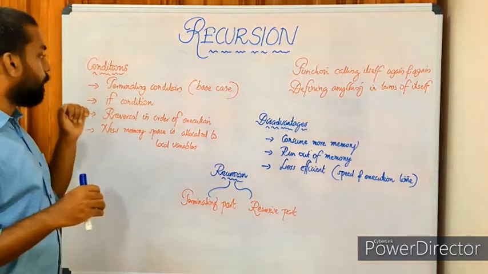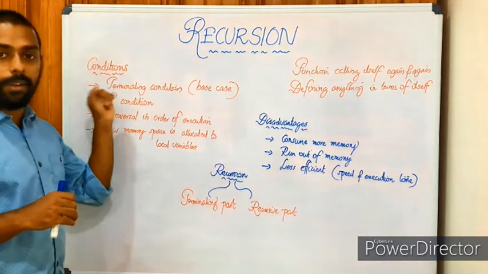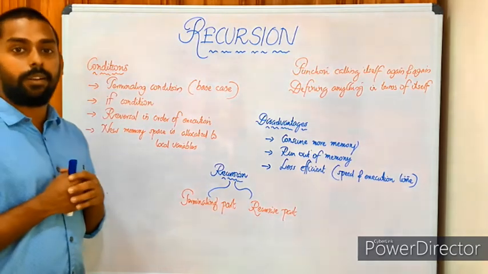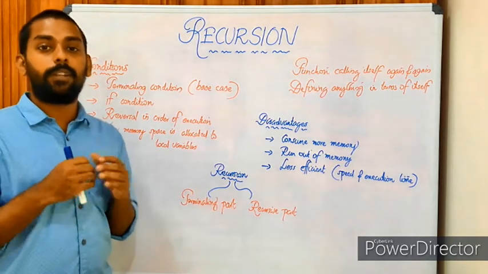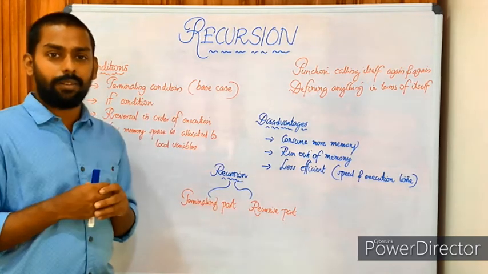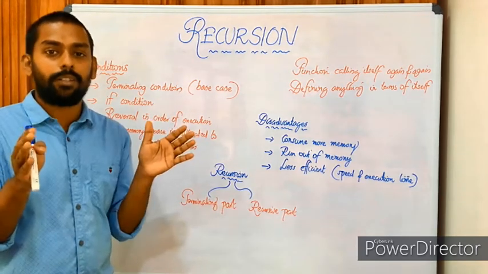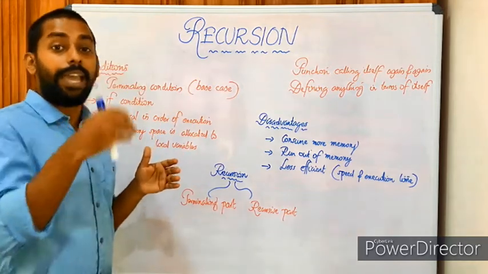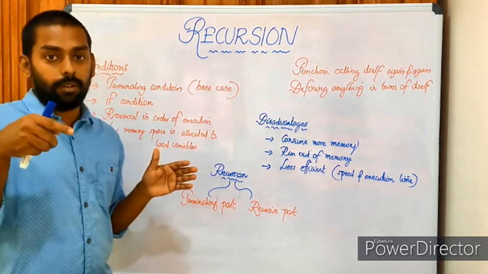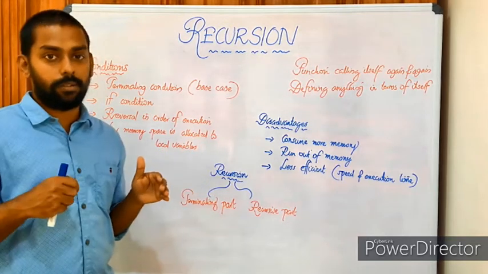Then let's see some of the conditions for implementing recursion, okay? One is there must be a terminating condition. That's called the base case. What is a terminating condition? If we don't have any terminating condition, what happens? It may go on endlessly. There won't be any end to the repetition or recursive process, okay?